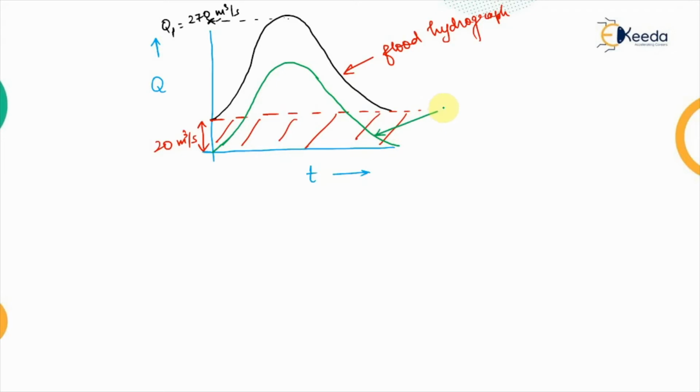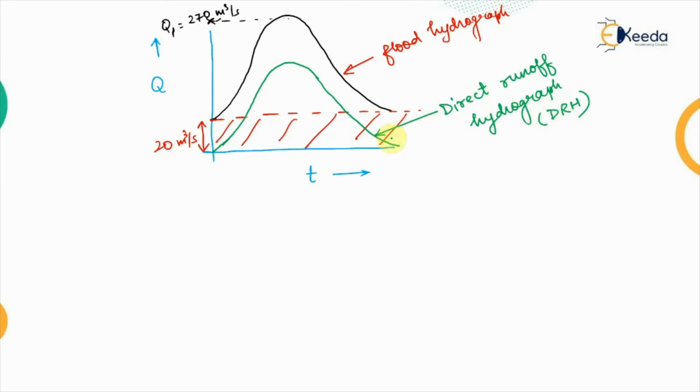This graph corresponds to the direct runoff only, because from here we have subtracted the base flow, and it is also known as the DRH.